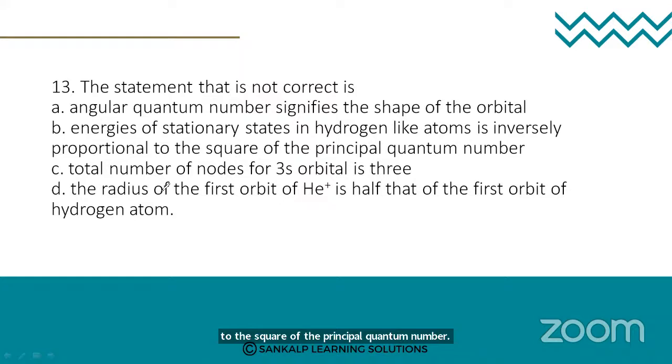C, total number of nodes for 3s orbital is 3. D, the radius of the first orbit of He plus is half that of the first orbit of hydrogen atom. Which is incorrect among the following? Can anybody tell?